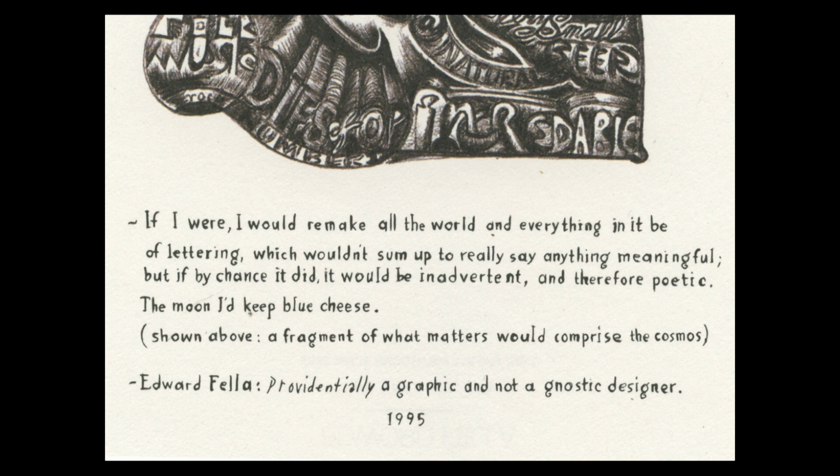The moon I'd keep blue cheese. Shown above, a fragment of what matters would comprise the cosmos. So Edward Fella, providentially a graphic and not a Gnostic designer, which is important. I'm just a graphic designer, so I actually am not going to be able to make the world out of lettering. That was in 1975.